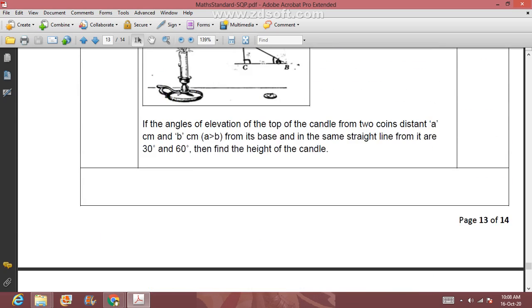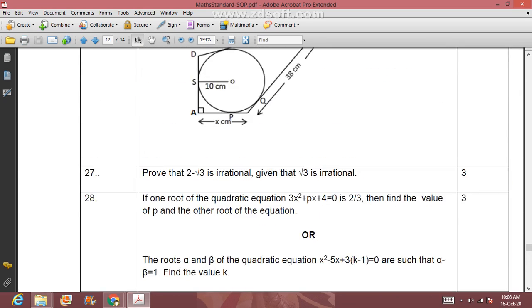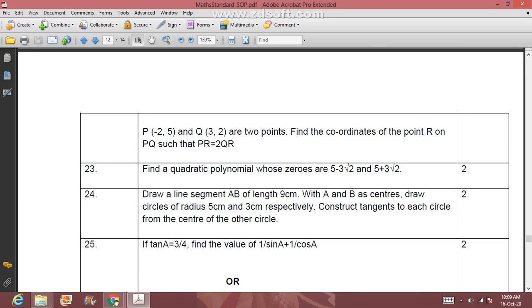So I have discussed the question paper pattern. I am going to send this question paper. Some marking scheme is given for these questions also. That means I am going to send you the solved question paper with the marking scheme, so that you spend some time on it and try to understand the new paper pattern and new marking scheme.